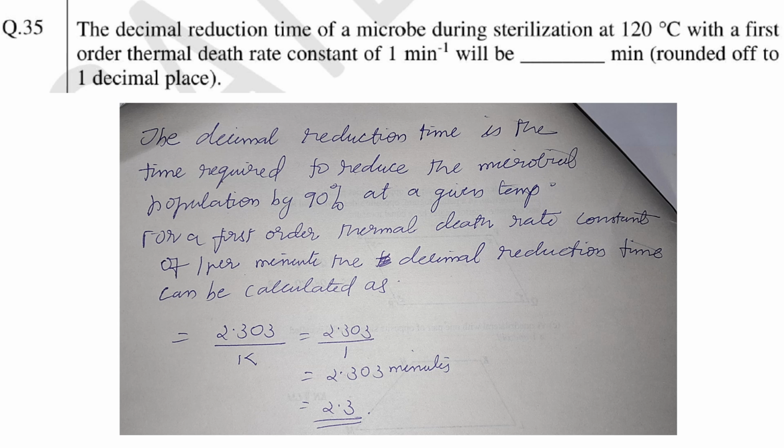And for first order thermal death rate constant of 1 per minute, the decimal reduction time is given by the formula 2.303 by K. So K here is thermal death rate constant, so it is 1. So 2.303 divided by 1, that is 2.303 minutes. They have told to round off to 1 decimal place, so it is 2.3 minutes.